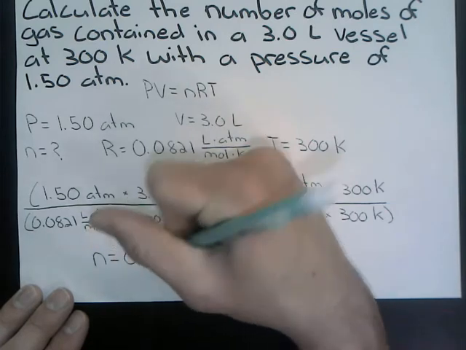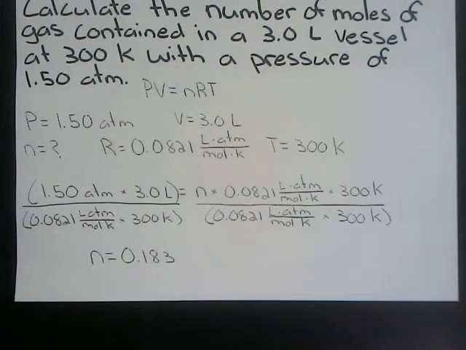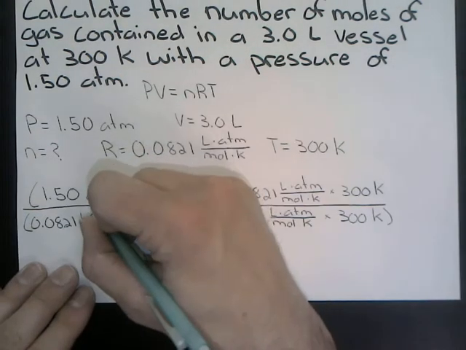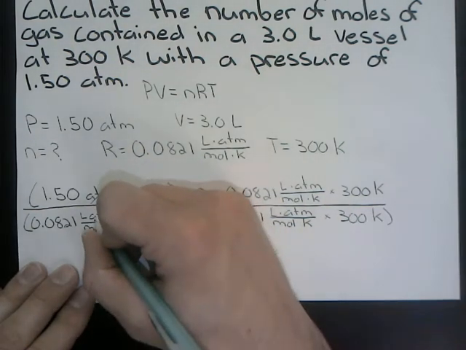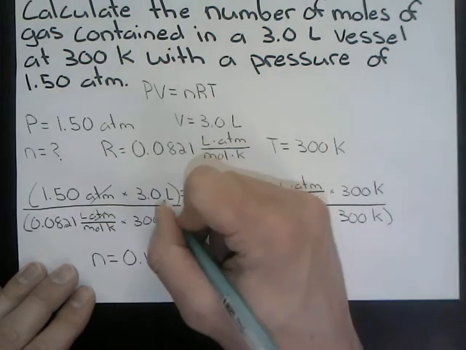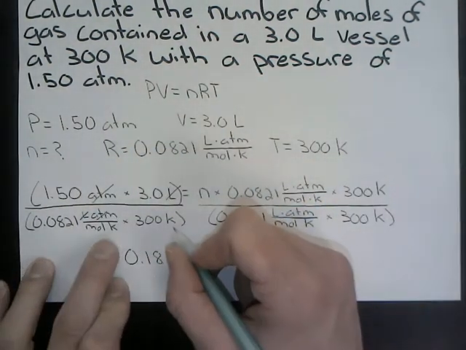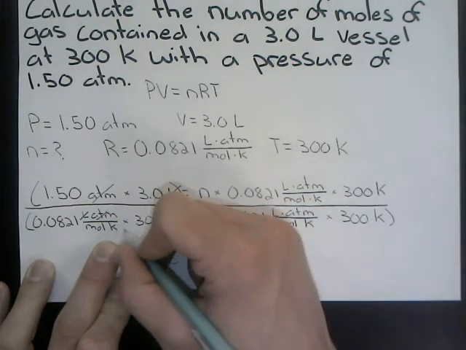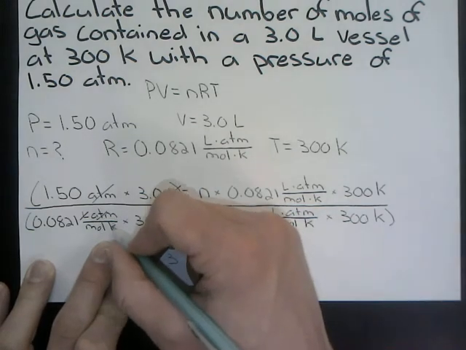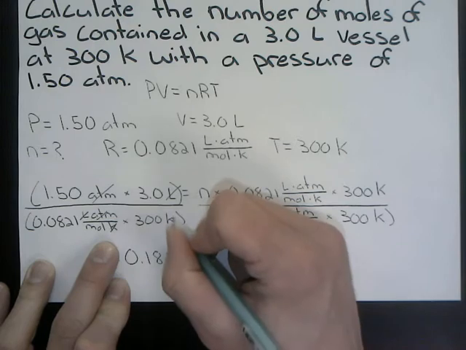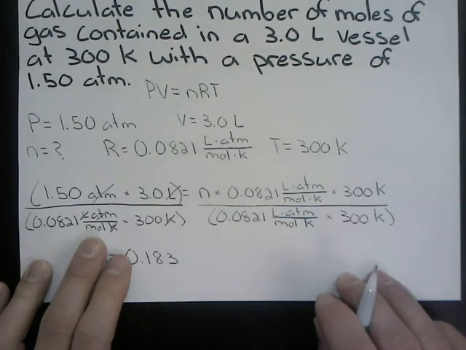If you've already memorized the units, that's great, but just to show you what happens here: our units with atmospheres would cancel on top and bottom, our units for liters would cancel on top and bottom, and then our Kelvin, because it's in the bottom portion of our ideal gas law constant, would cancel out.